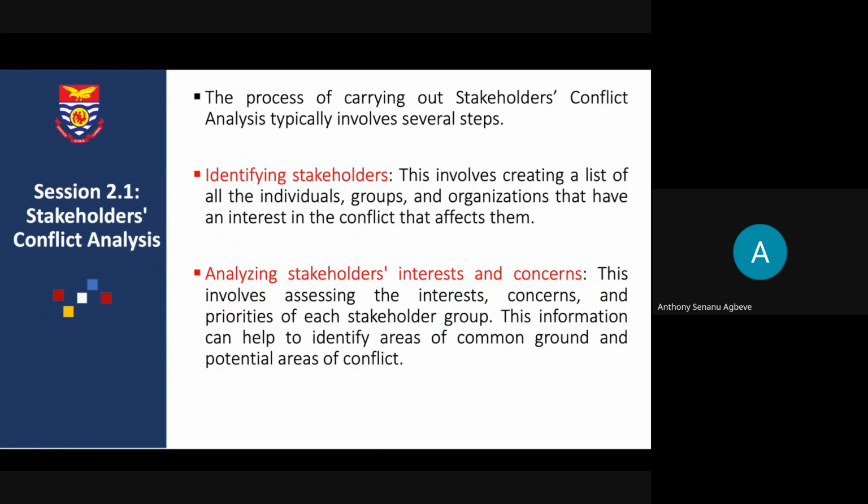So maybe you have about 10 stakeholders. You've identified about 10 stakeholders within the conflict, and you've noted each and everyone's concerns and interests. After you note them down, you look at it, and you realize that maybe about 7 of these stakeholders are all saying the same thing. 3 are saying different things, but the majority of them are saying, well, we need jobs.